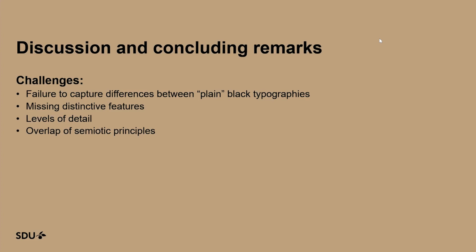As for the typographic semiotic principles, it should be mentioned that the principles may overlap in the sense that several principles may apply to a given example. So just to give you an example of that, strictly speaking, all typographic signs display some aspect of their own coming into being.